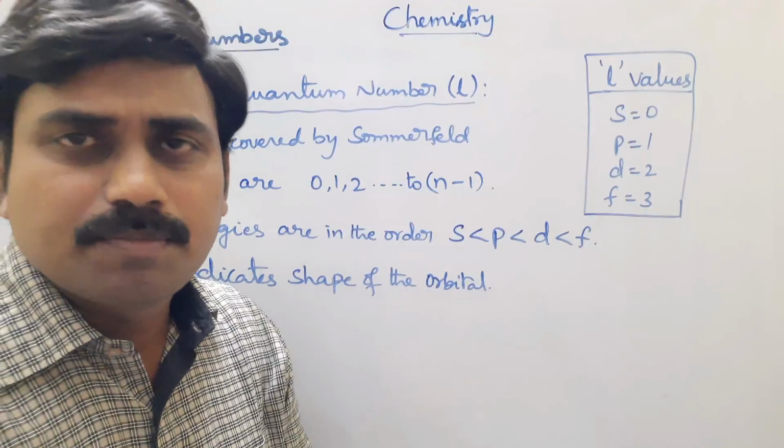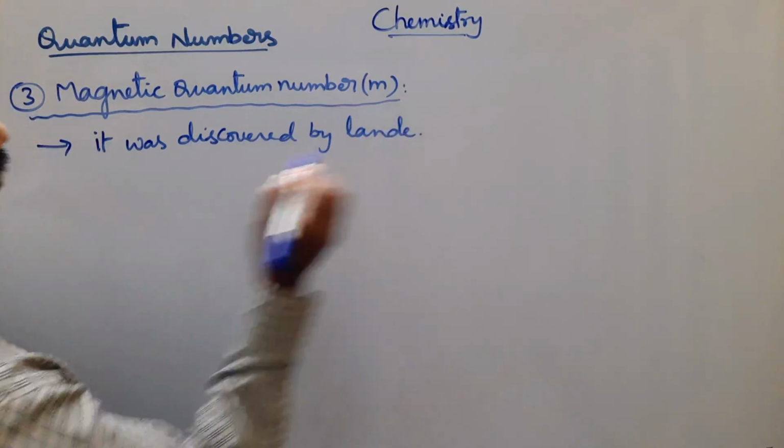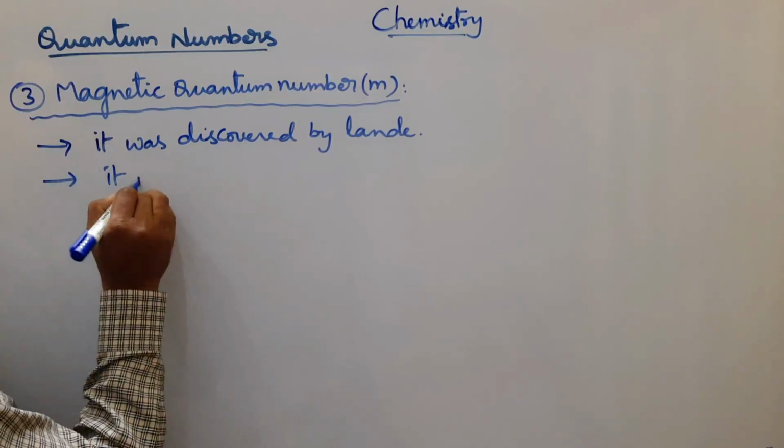Look at the next, third quantum number, the magnetic quantum number. The magnetic quantum number was discovered by Landé.